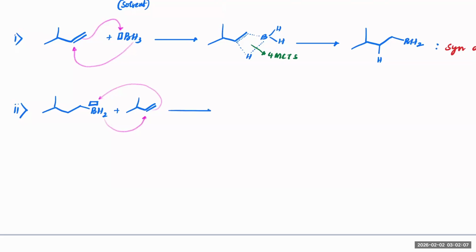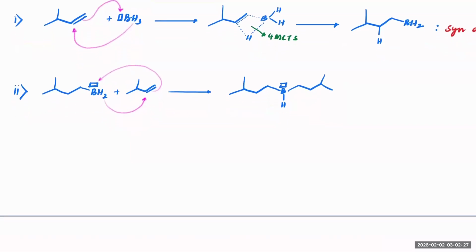As this to and fro happens, now this time you will get boron with another alkyl group and hydrogen. So this time we have two alkyl groups and one hydrogen on the boron. So we would get this form.